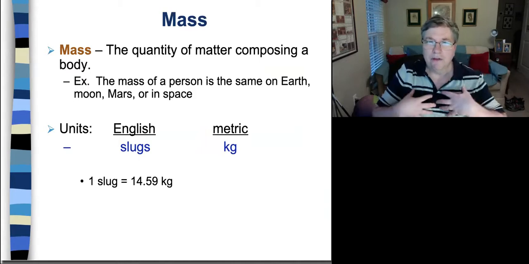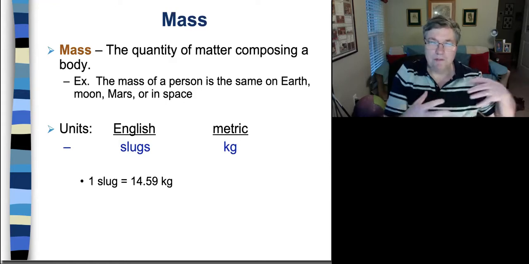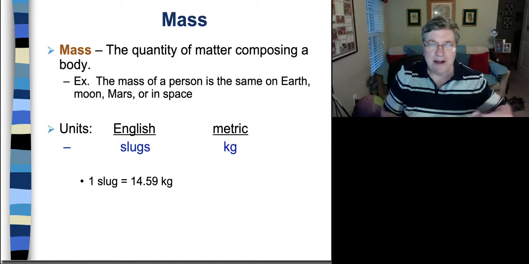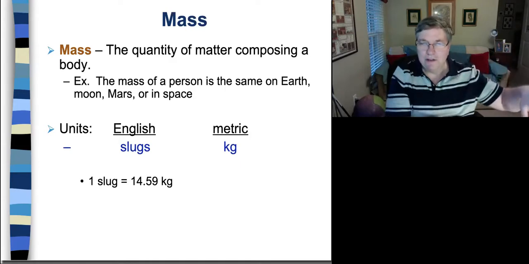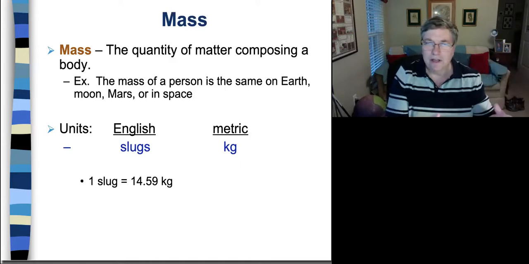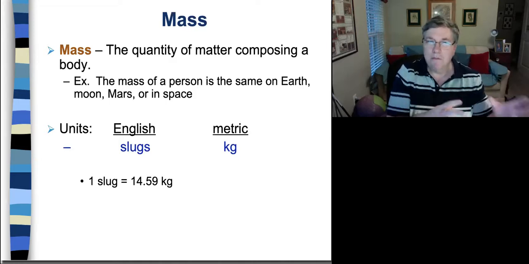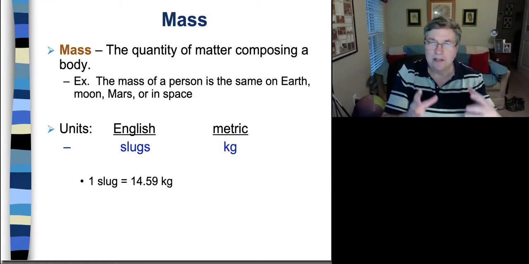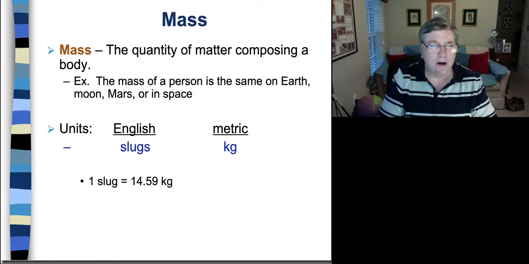So on Earth versus the moon versus space flight, let's say I managed to become an astronaut somehow, and if I was blasted off into space under weightless conditions, I would have the same mass, at least for a while, until I lose muscle mass. On the moon, I'd have the same mass. On Mars, I'd have the same mass, hopefully. Weight would be different because that's the force of gravity acting on that mass.